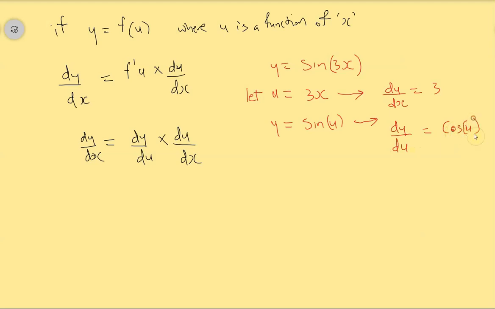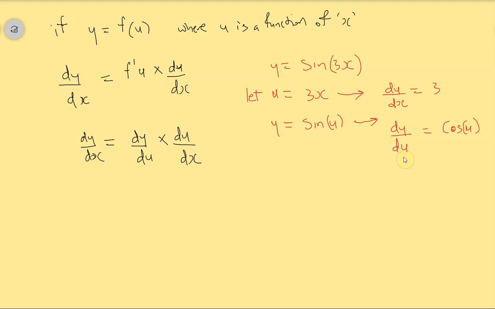Just in case you didn't know before, when you differentiate sine, you get cosine. So if you differentiate sine of x, you get cosine x. If you differentiate sine of y, that's cosine y. If you differentiate sine of u, that's cosine u.